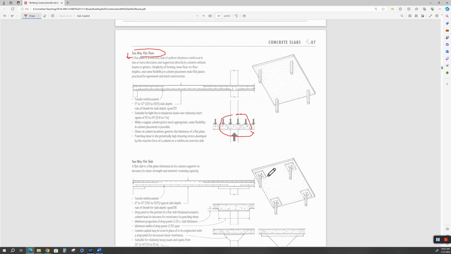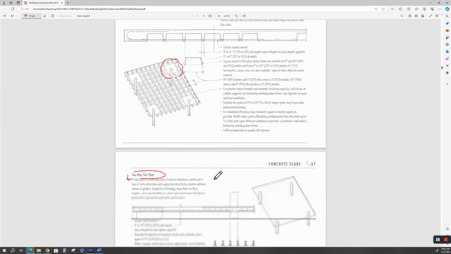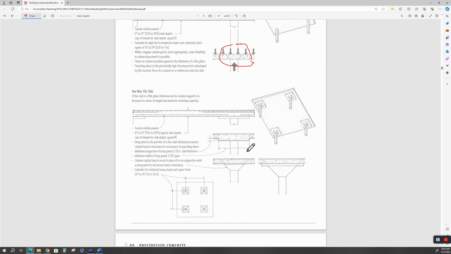What you see on a lot of these two-way flat slabs is just what we found in the waffle slab up here. For greater shear strength and moment resisting capacity, remember this is going to act as a diaphragm. The bending stresses are going to come around through here and come back down into the column. Same over here, okay?